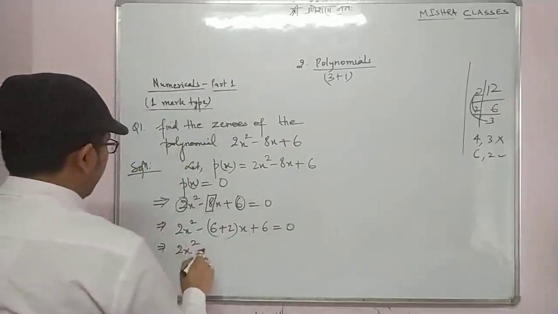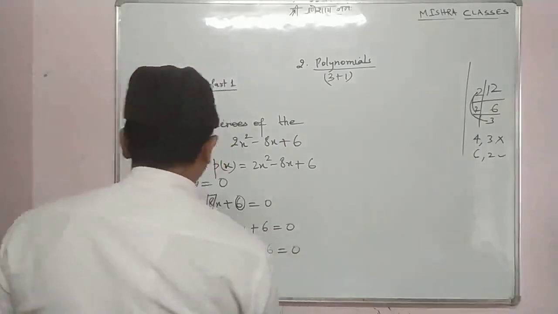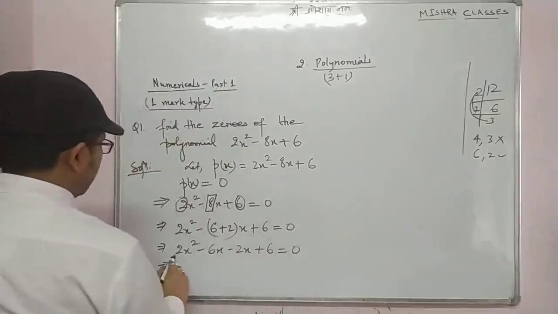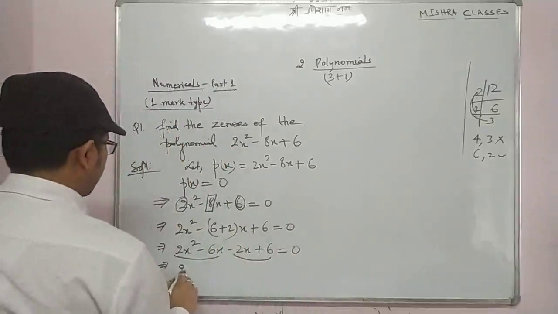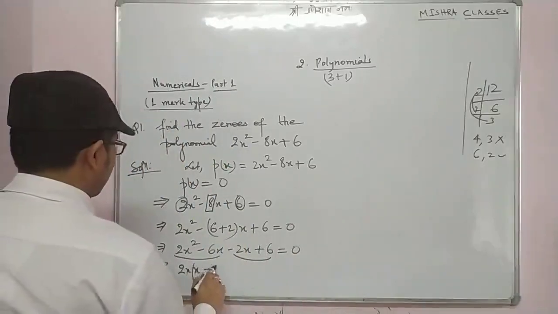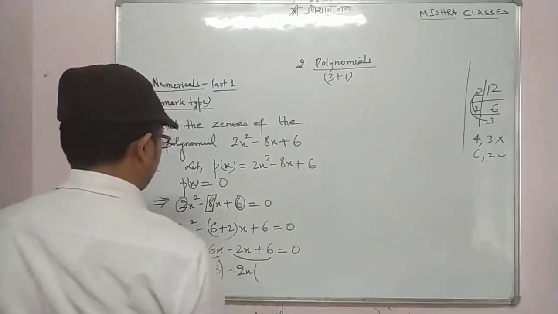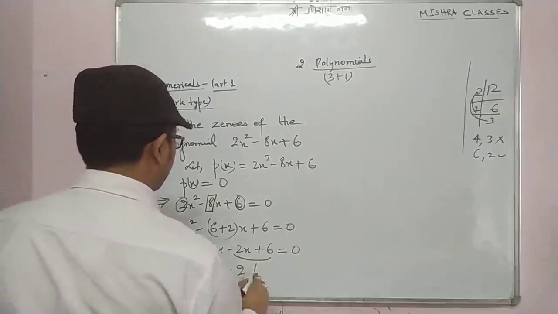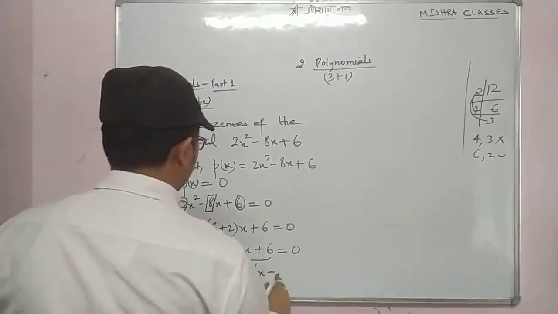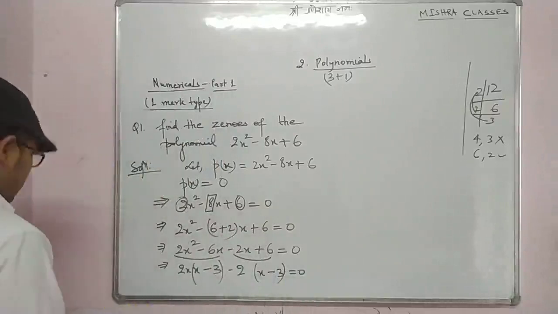Again we'll just remove the bracket, minus 6x minus 2x plus 6 equal to 0, which implies from here we'll take common and then from here also we'll take common. 2x is common, x minus 3, minus, sorry, from here only 2 is common, then 2 into x minus 3 equal to 0.